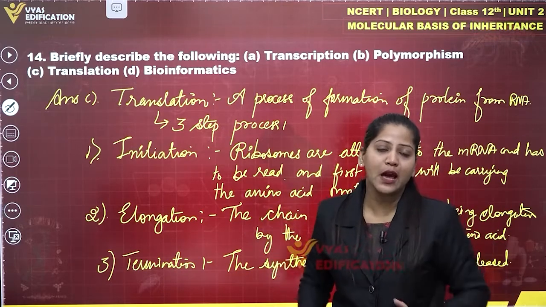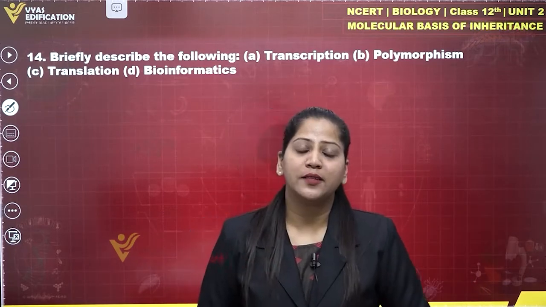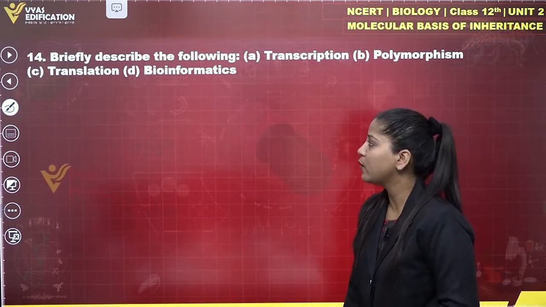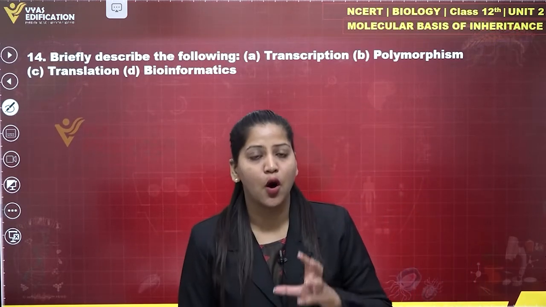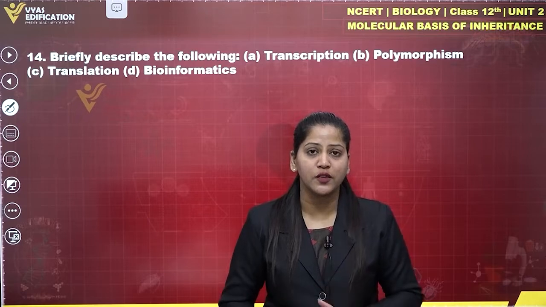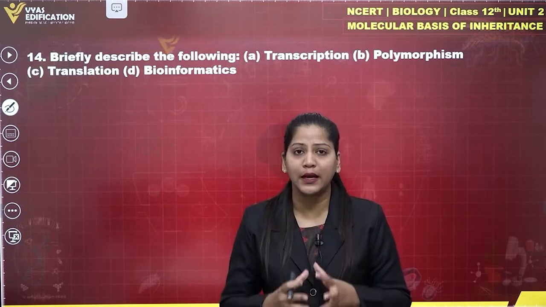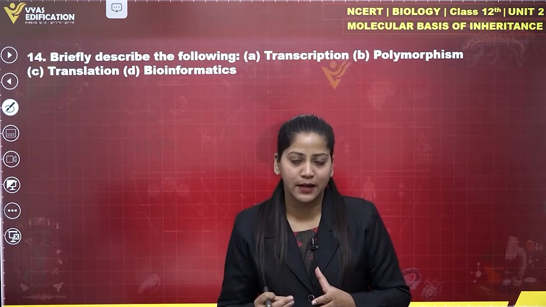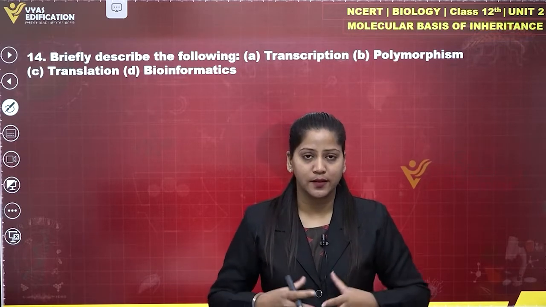With this, we have completed the third part or C part of this question. Now we will be discussing the last part of this question, that is description of bioinformatics. So what is bioinformatics? It is the use of information technologies for collecting and analyzing complex biological data such as genetic codes and protein sequences.